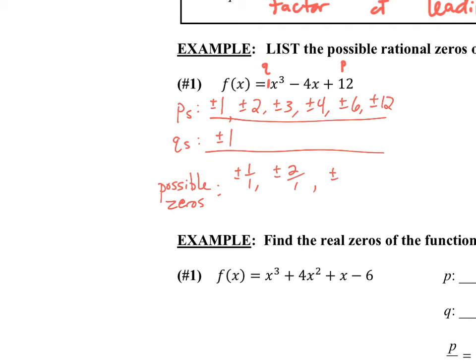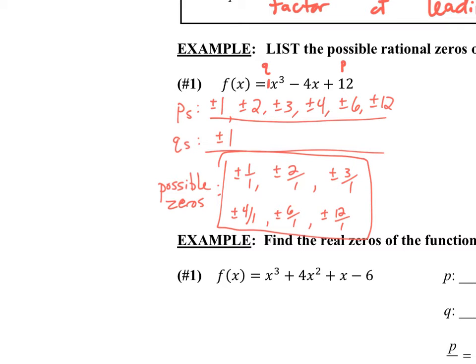We could also do 3 over 1, 4 over 1, 6 over 1, and 12 over 1. These are the possible zeros. You take every P and you make a fraction with the Q's. In this case, there's only one Q, it's 1.